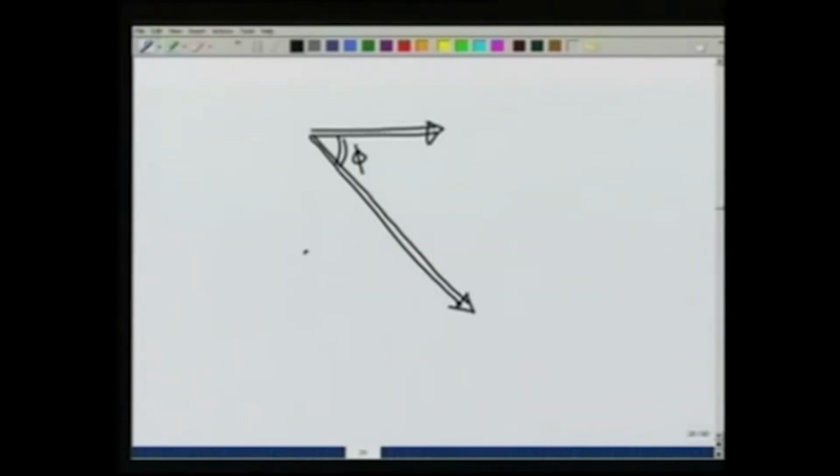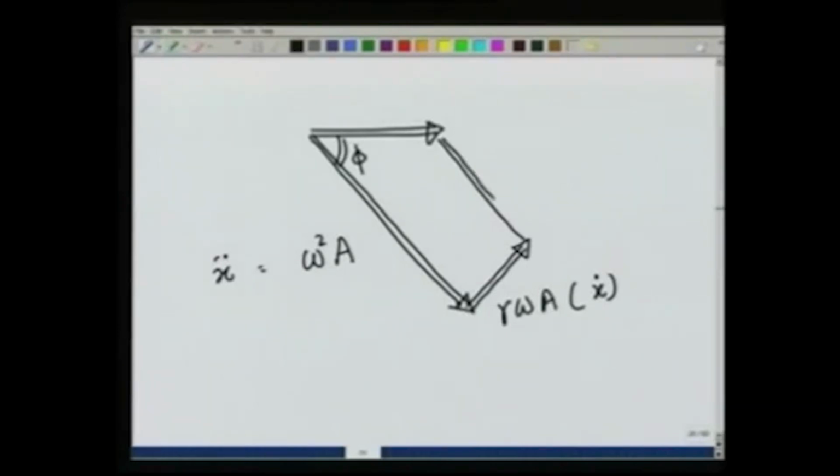So, this gives you a force which is omega square A. The velocity is in this direction, so this is the term which is x double dot. The velocity is this direction, which is gamma omega A. This is proportional to x dot, and the spring's own force is in this direction.